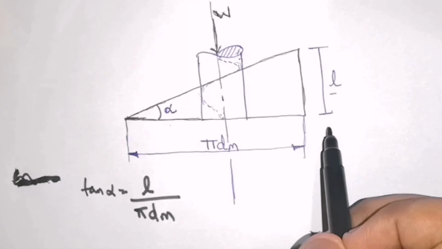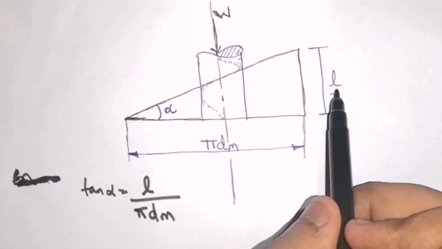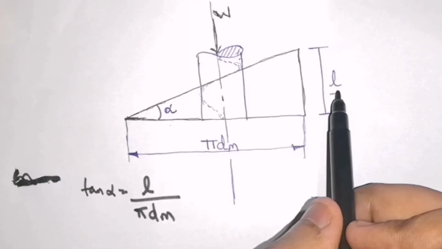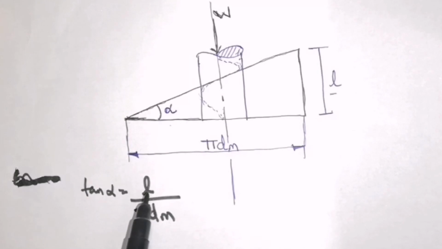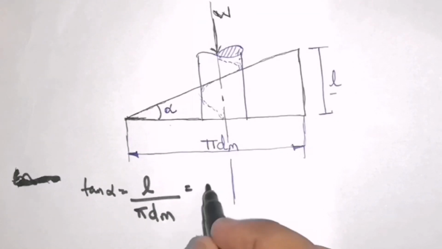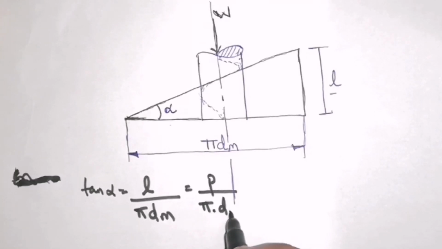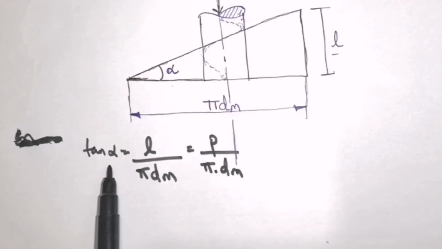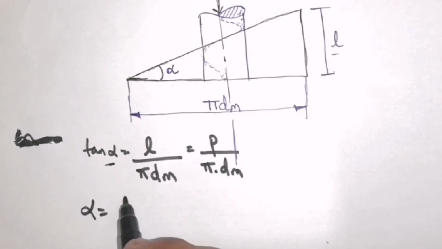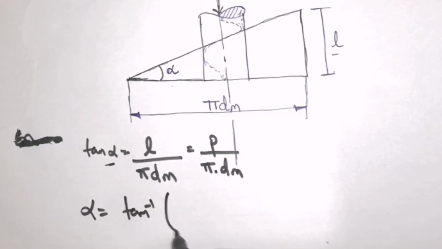Previously we have seen that the lead L is equal to the pitch for a single threaded screw. Hence, replacing L by P, we get tan alpha is equal to pitch divided by pi multiplied by dm. From this relation we can find the helix angle alpha as alpha is equal to tan inverse of P divided by pi multiplied by dm.